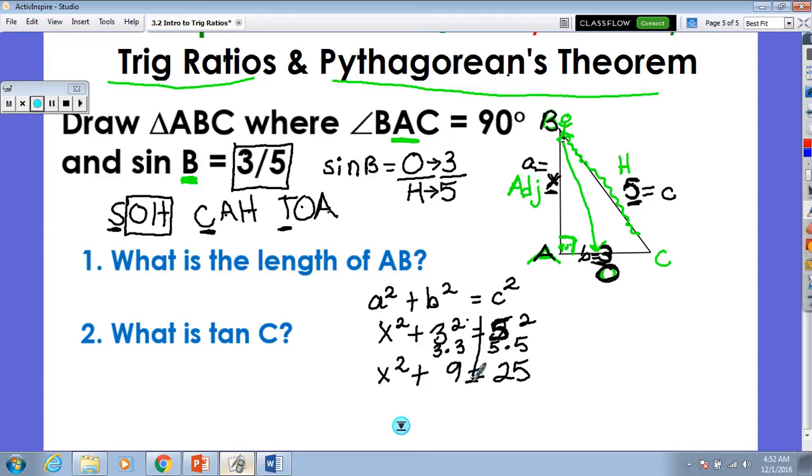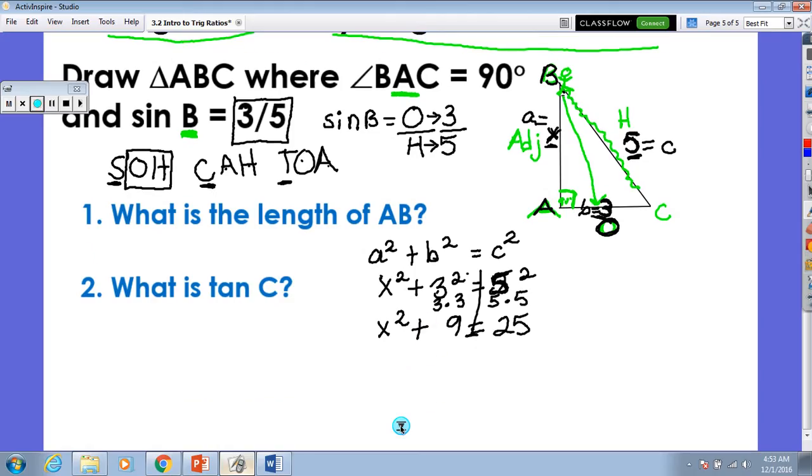So this step I need to see from everybody, because this is how you show your work. Alec, hint, hint. So we have to show our work. So here we go. I'm going to get x squared by itself by subtracting 9 on both sides. That gives me 16. And then I'll take the square root of both sides.